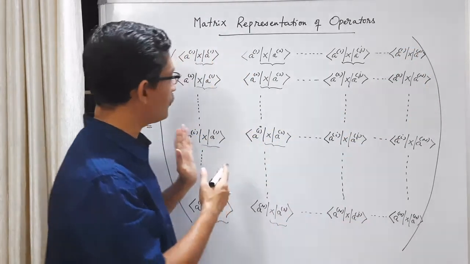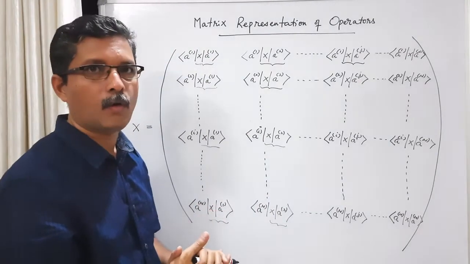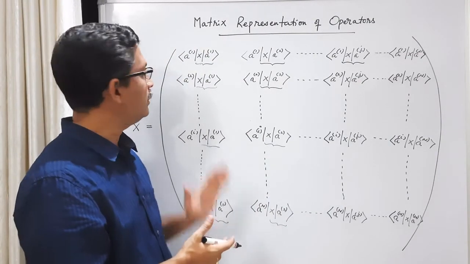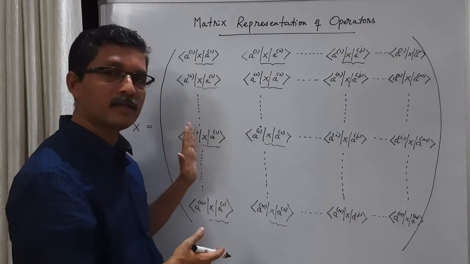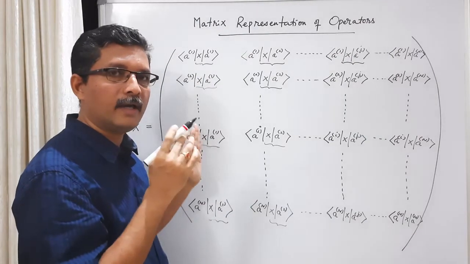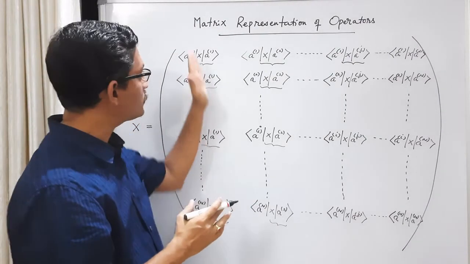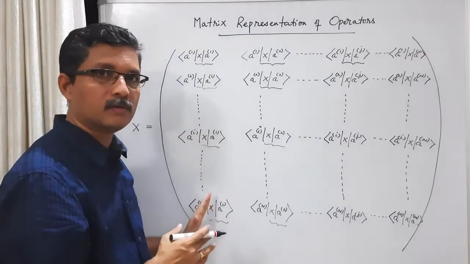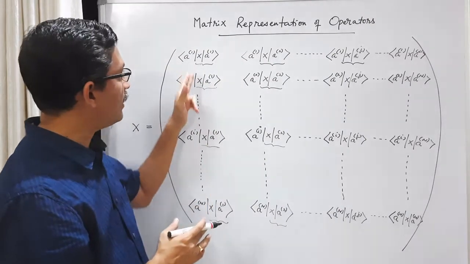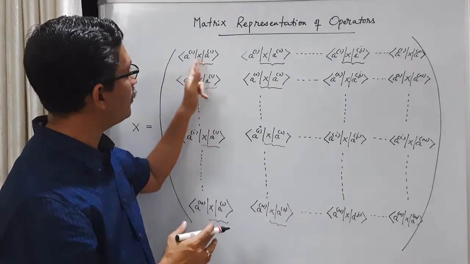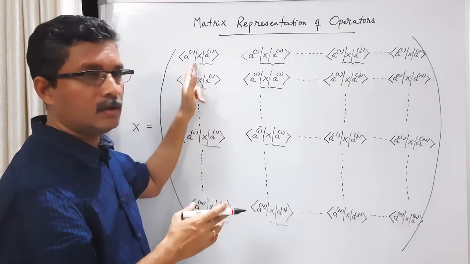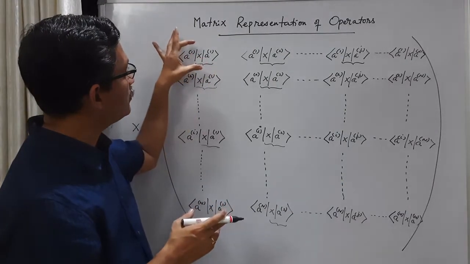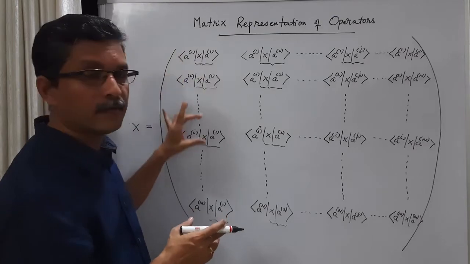So in the matrix representation of the operator in a given basis, each column represents the action of the operator on a given base vector. The first column represents the action of the operator on the first base vector a1, so x a1, and we get the n components of this modified base vector.